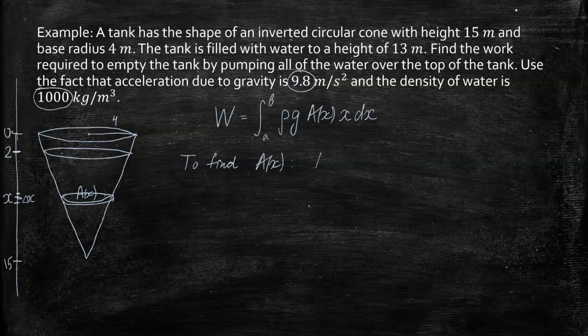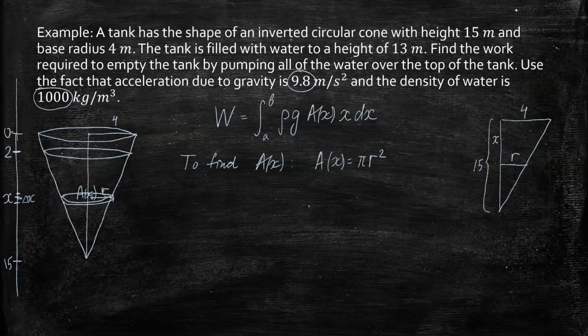So the area will be equal to pi r squared, where r represents this radius, and I'm going to draw that line segment, and we're going to consider this picture here. If this is 4 and this is r and this is altogether 15, but this is x, so this is 15. Then how do we find r?